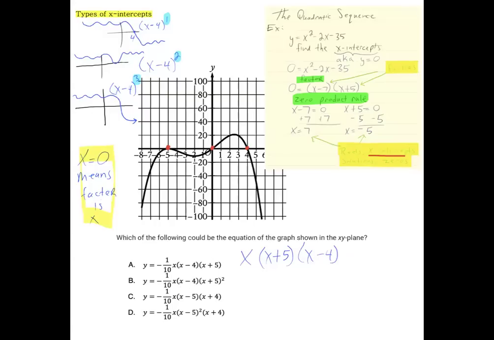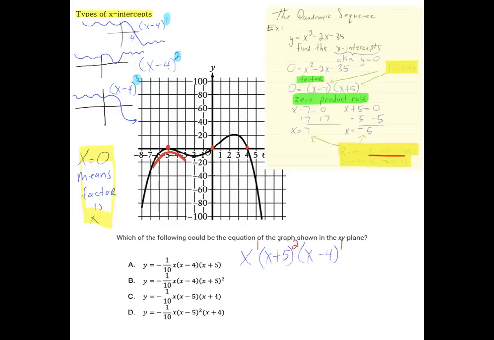Now let's talk about what kinds of roots they are. Here at -5, the function bounced off the wall. That was our definition of a second root. So the factor of x plus 5 is to the second power. At 0, it crossed over nice and simply, first power. And at x minus 4, which is x equals +4, it crossed the street there.